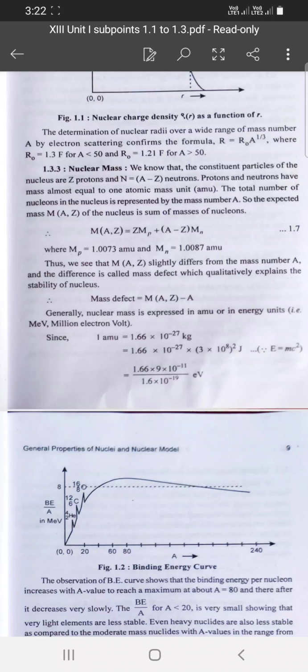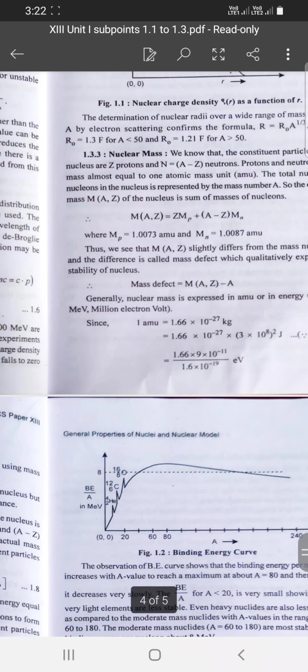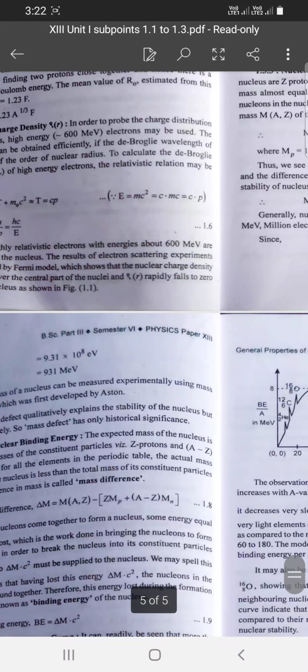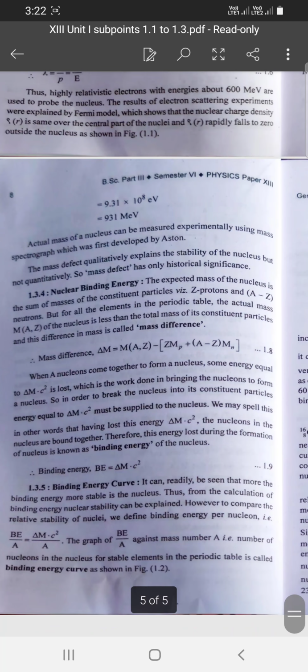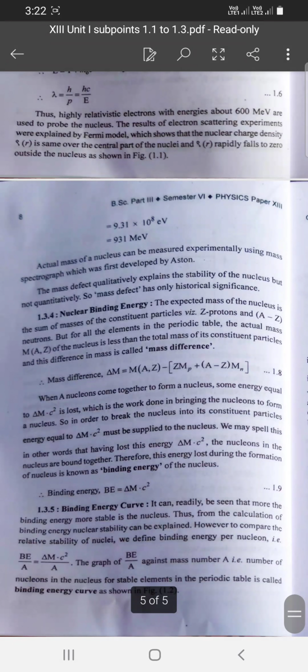Now move towards nuclear binding energy. The expected mass of the nucleus is the sum of the masses of the constituent particles, protons and neutrons.